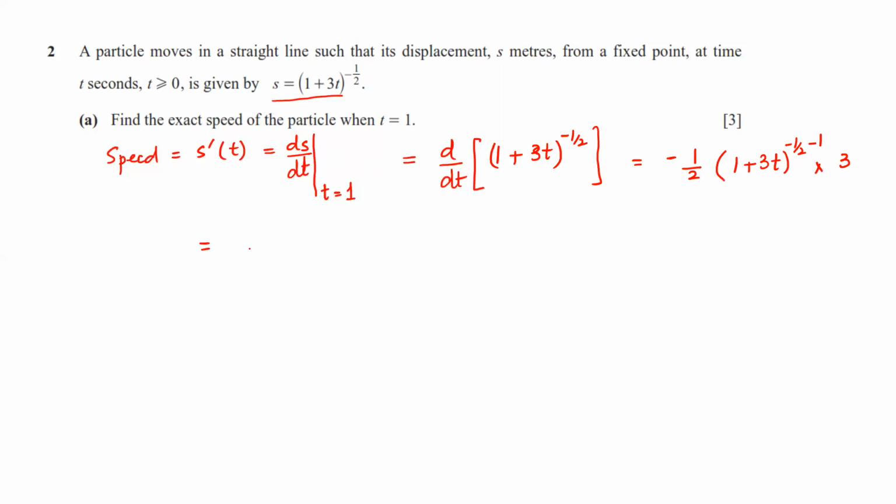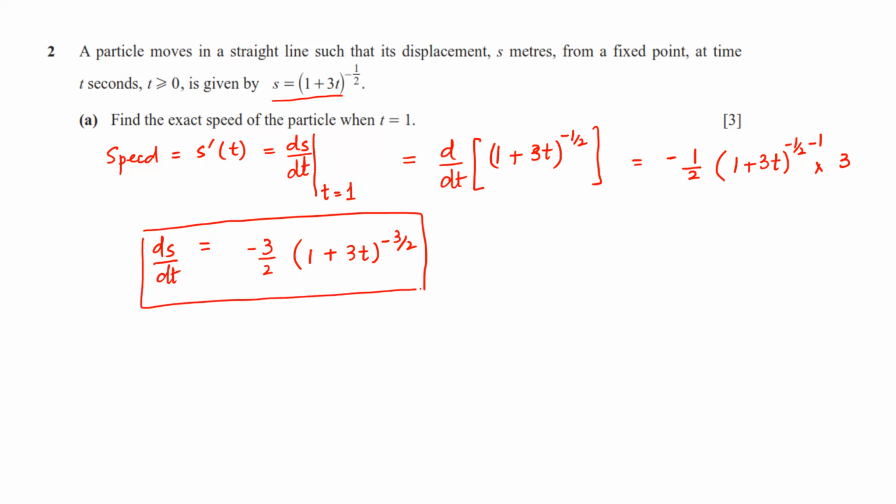So this comes out to be minus 3 by 2, (1 plus 3t) power minus 3 by 2. This is the derivative, or ds by dt.